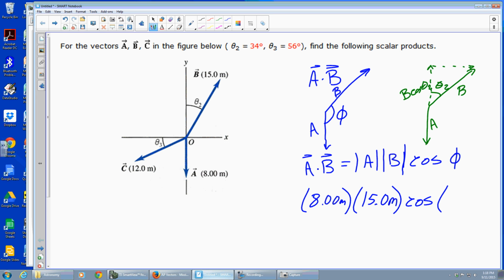Let's see, as if it was all the way around, it would be 180, but then I come back theta 2, so phi is 180 minus theta 2, which is 180 minus, in my case, 34 degrees. So I get 146 degrees.